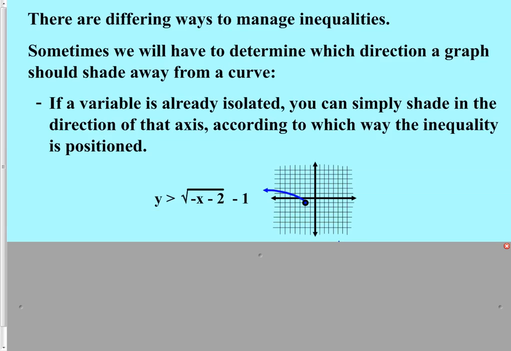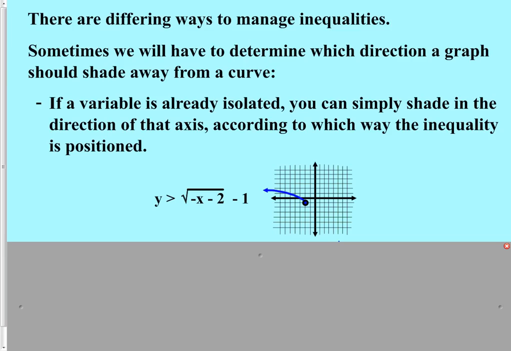Have a look. We have an equation that says y is greater than the square root of negative x minus 2, minus 1. We have a variable that is already isolated, and it happens to be y. So that tells us that we are going to be shading in the y direction. We're either going to shade straight up from this graph, or straight down from this graph. Which direction do we shade? Well, what does the inequality say? Y is greater than this graph.